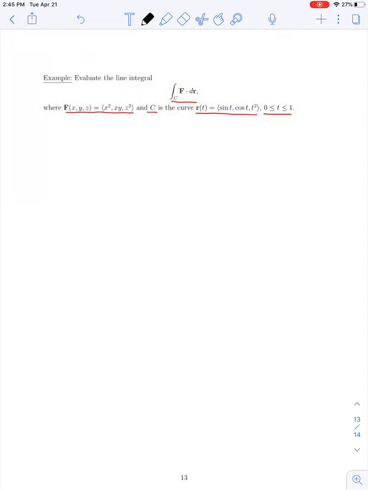So to evaluate this line integral, there's a few things that we need to find. The first is the value of our vector field for points along this curve defined by r of t. So here, our first component of the field is x squared. Now for points on the curve, x is given by sine of t, so we have sine squared t. Our second component is x times y, so here we have sine t cosine t.